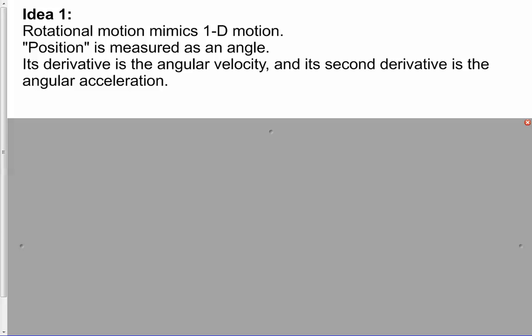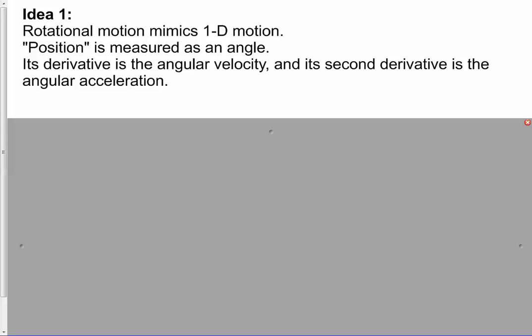So we have to get into how we describe rotational motion. The fundamental concept here is that rotational motion pretty much acts like one-dimensional translational motion. We're going to have position, velocity, and acceleration, our three quantities that describe motion.